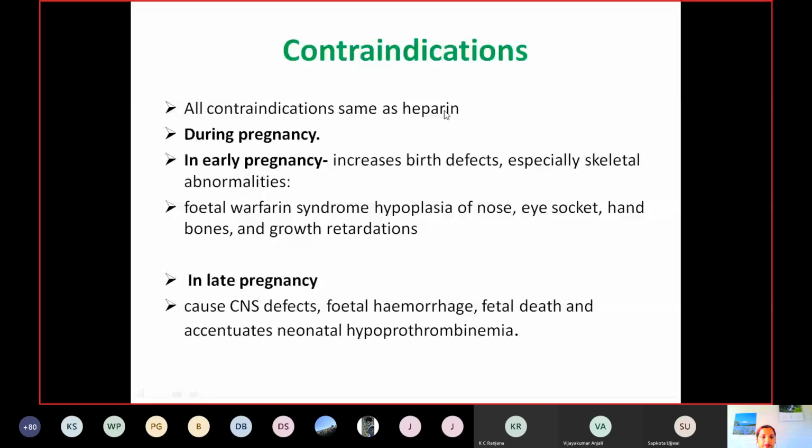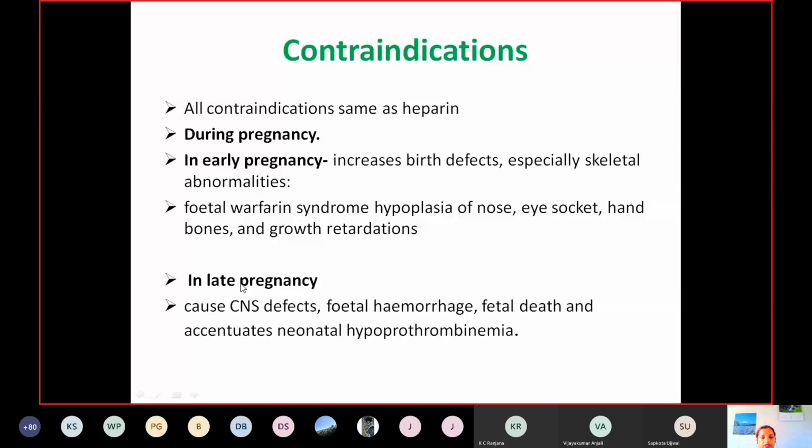If you give it in early pregnancy, it increases birth defects, especially skeletal abnormalities. In early pregnancy, if you give these drugs, there is hypoplasia of the nose, eye socket, and hand bones, and growth retardation. So birth defects are seen in early pregnancy.